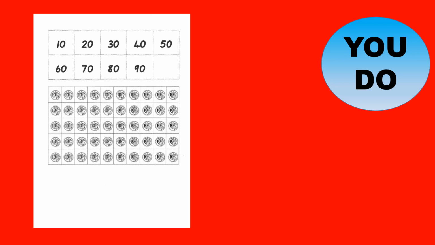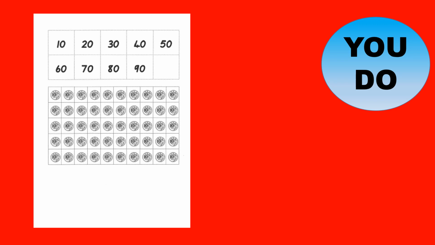If you look at the first number, it will tell you how many 10-cent pieces you're going to need. So if you're doing number 50, the first number is a 5. So you're going to need to cut out 5 of the 10-cent pieces. If you're doing the number 20, it starts with a 2, so you'll only need 2 of the 10-cent pieces.